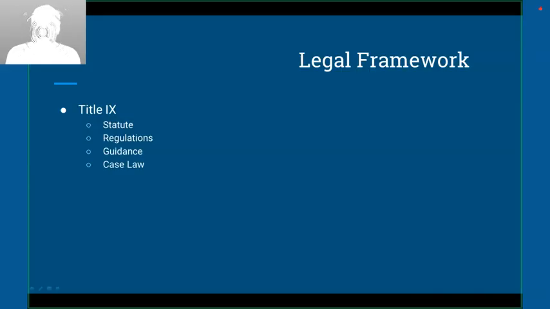Title IX initially had a lot to do with literal access to academic programs and discrimination on the basis of sex in that context. And then over time, certainly what I grew up with was when you heard about Title IX, you heard about it in terms of athletics. And I guess I'm situating myself in a particular time frame there.